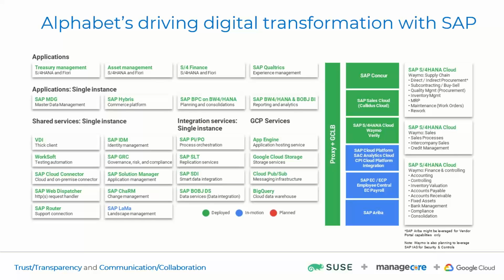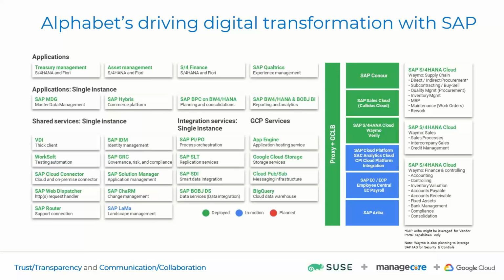Now, what can you run in Google Cloud? Really, anything from an SAP perspective that is supported today is generally available within Google Cloud. So there's not much that you can't run within GCP. However, certain things need to be taken into consideration, like your database platform and OS, and products that may be on the fringe of SAP support, or older products that are out of SAP support or in extended maintenance.